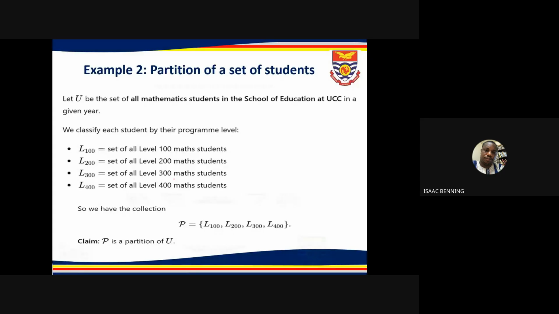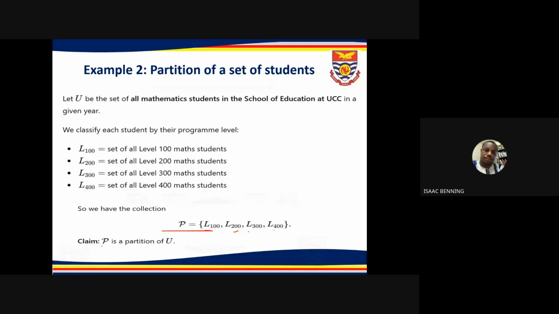Level 200, the set of all level 200 math students. Level 300, the set of all level 300 math students. Level 400, the set of all level 400 math students. So we have a set P, which is made up of level 100, level 200, level 300, level 400.